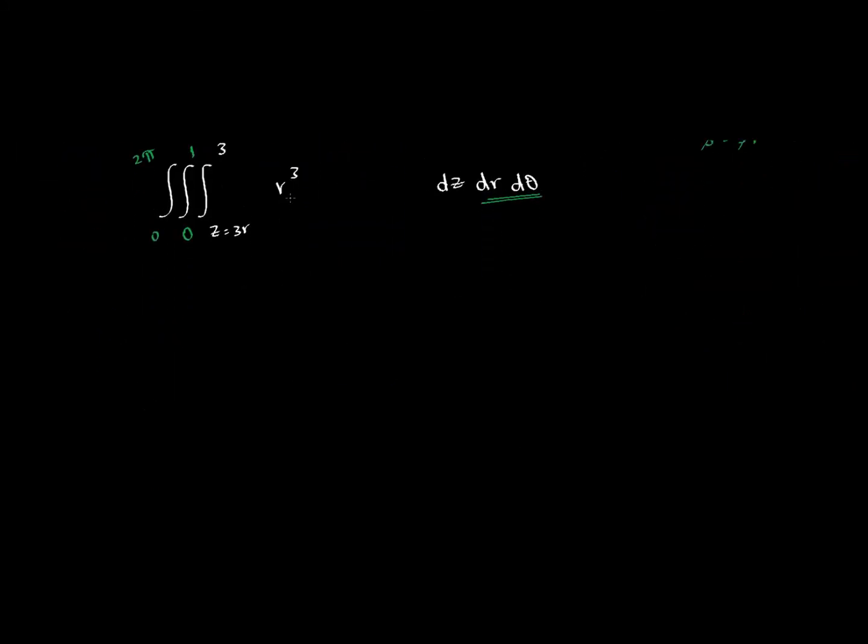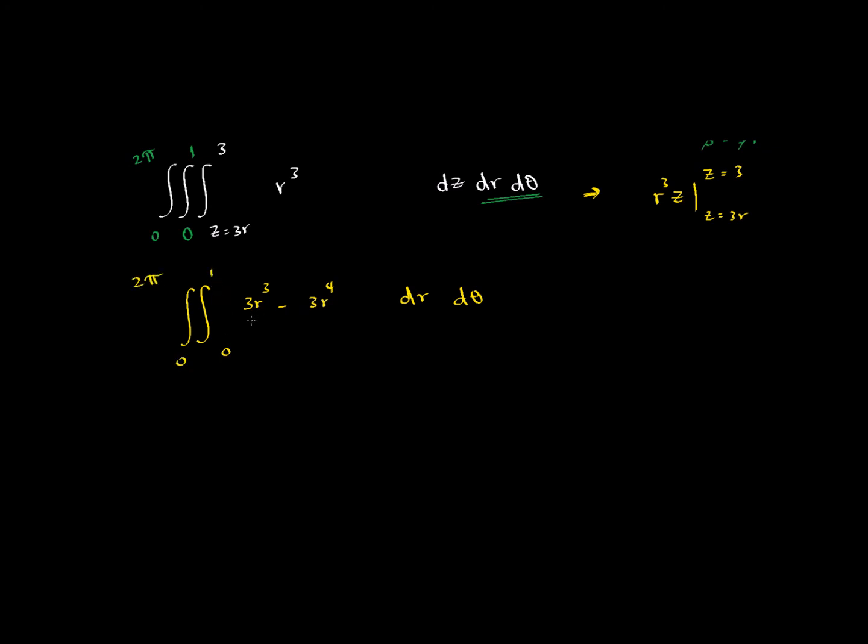If we integrate r cubed with respect to z, we're going to have r cubed z evaluated at z is equal to 3r and z equal to 3. So this is going to be 3r cubed minus 3r to the power 4, dr d theta. We said that r ranges between 0 and 1, theta ranges between 0 and 2 pi.